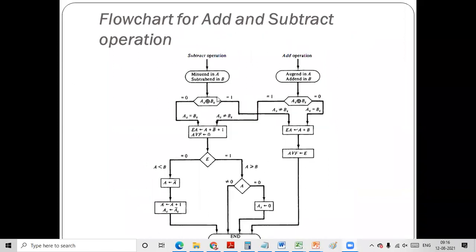So we'll see 1 or 2 examples, and then we move to another type of data, signed 2's complement numbers. Here let us consider 2 numbers, any 2 signed numbers. So please tell me on which we apply this algorithm and we try to get the result.